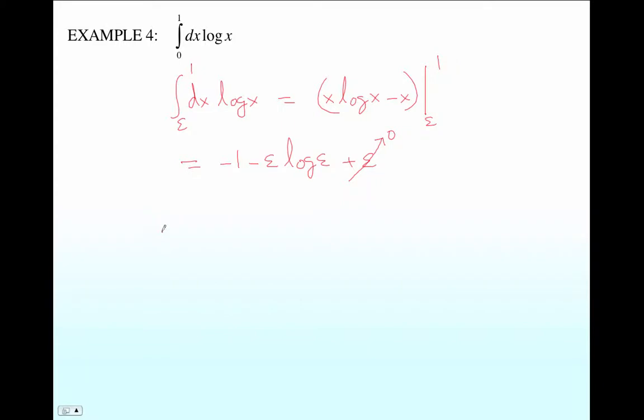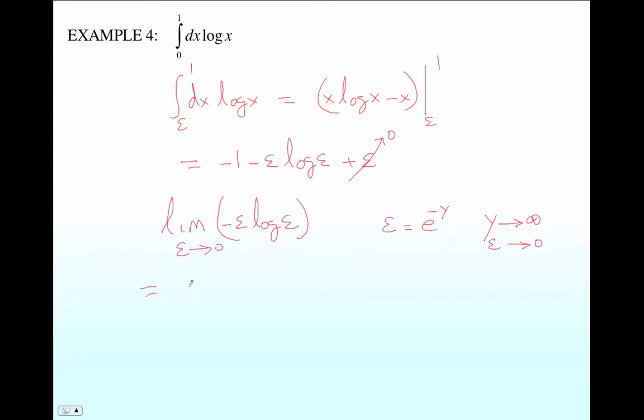All we need to know is what is the limit as epsilon goes to 0 of minus epsilon log epsilon. There are many ways of doing this, but there's one that I find very easy, and if I put epsilon equal to e to the power minus y, then as y goes to infinity, epsilon goes to 0.